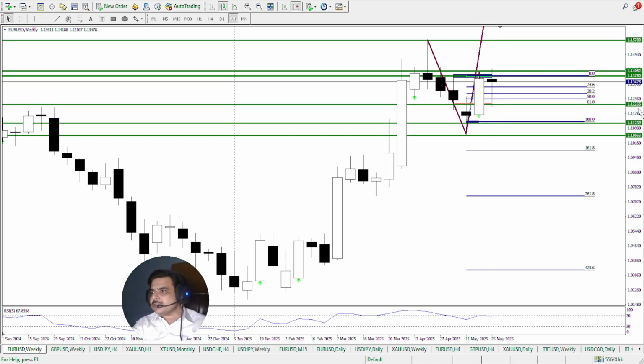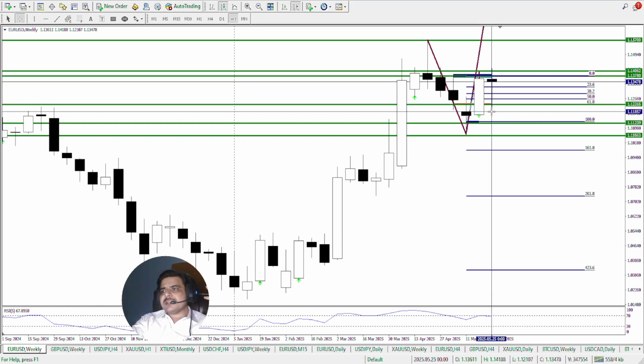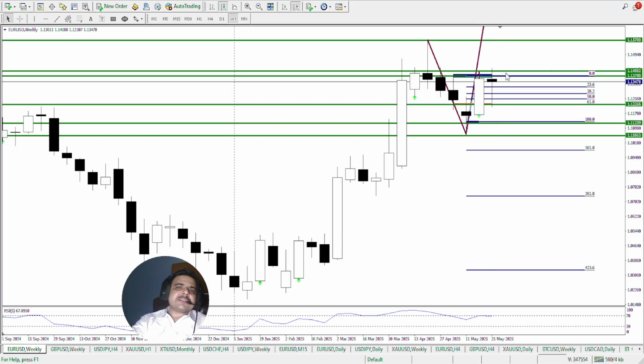Sorry, 1.1226. This way it will be easy. So 1226 or 1220, if we say, worked very nicely, but I will say this market is still trading in between those zones.